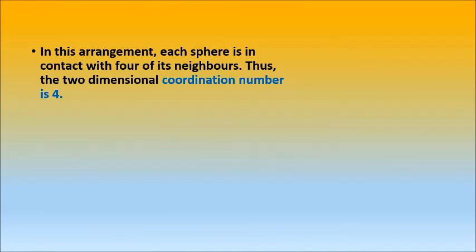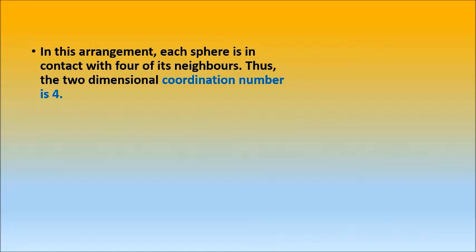In this arrangement, each sphere is in contact with 4 more neighbors. Thus, the two-dimensional coordination number will be what? 4. Before in the one dimension we have seen that if one sphere we are taking, it will be attached with 2 more spheres. So the coordination number was 2, the nearest neighbors.